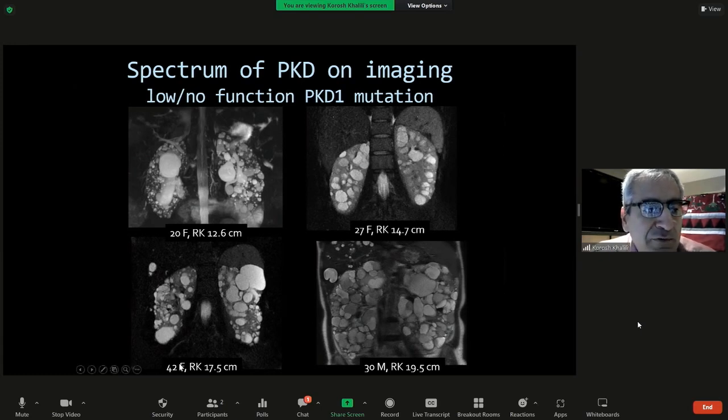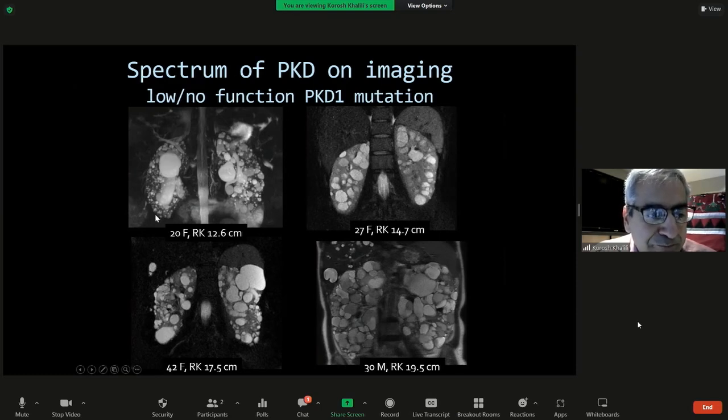And so even in younger patients, we end up seeing larger kidneys with lots and lots of cysts. And one of the features of polycystic kidney disease is that the cysts are distributed randomly, both in the cortex and in the medulla. And when the disease is in typical manifestation, it will be in both kidneys, randomly distributed all over the place.